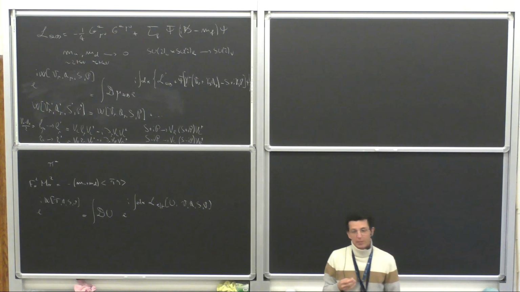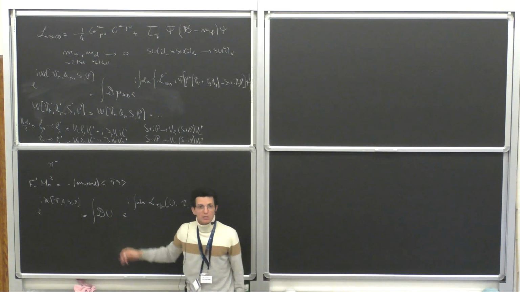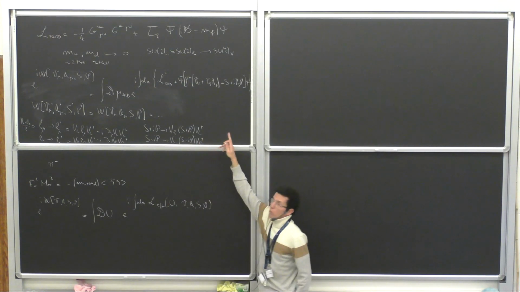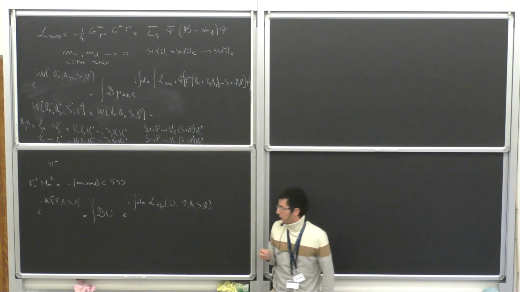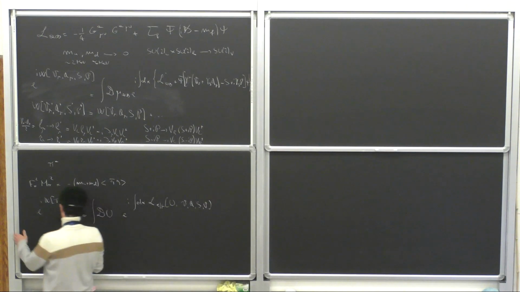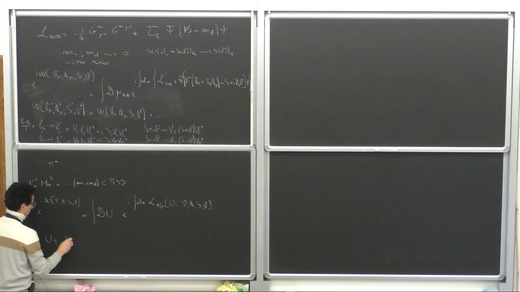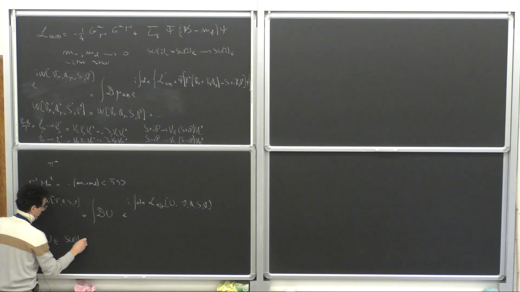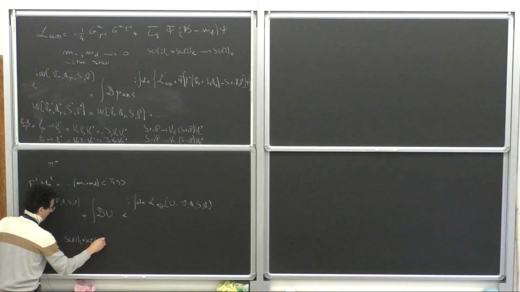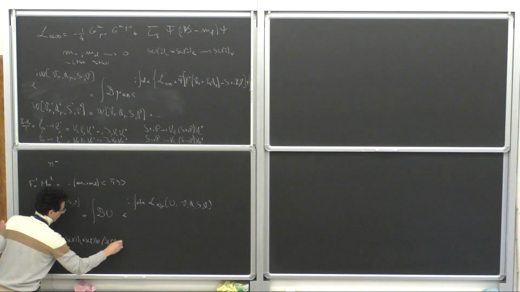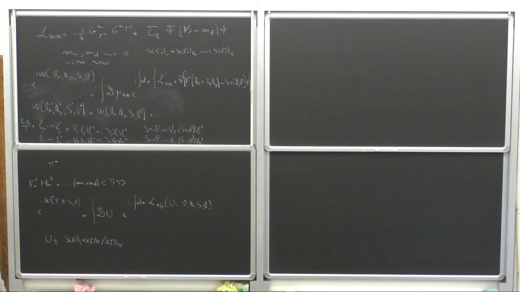We have identified the pions as the coordinates of the quotient group of this spontaneous breaking. So the U belongs to this quotient space, SU2 right over SU2 vector, and with specific transformation laws under the chiral symmetry.